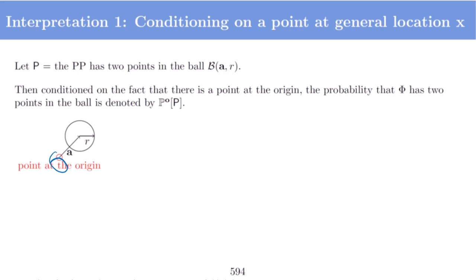If we average over all realizations and compute the fraction of how many point processes have 2 points in this ball, then we can compute the probability. Just remember, when we condition, we are only going to take those point processes which have a point at the origin. Out of those only, we compute the fraction to compute this probability.